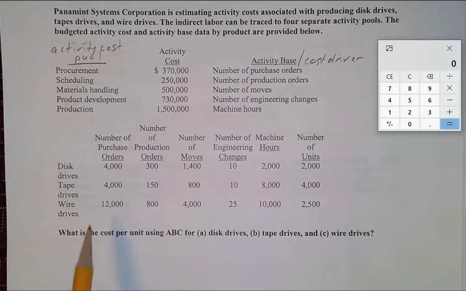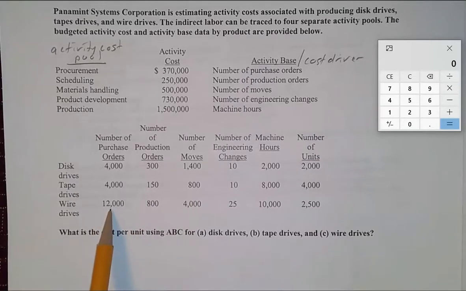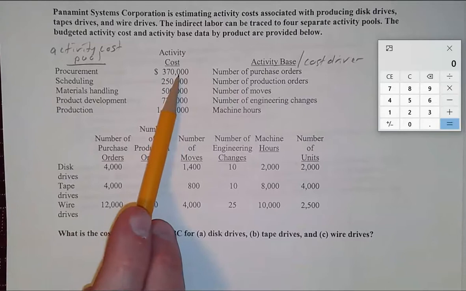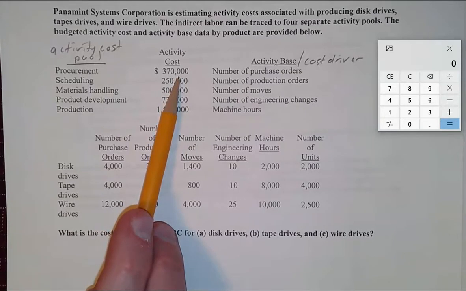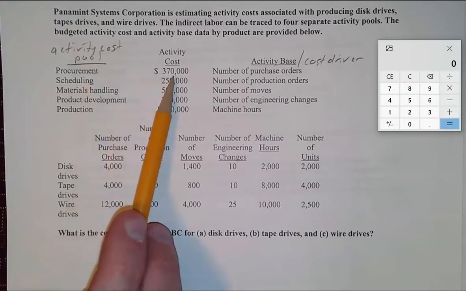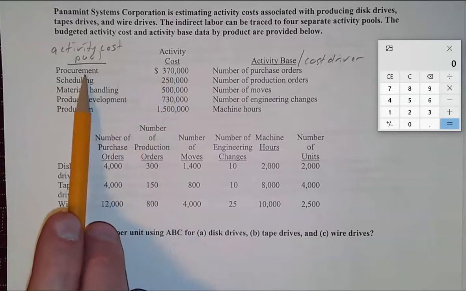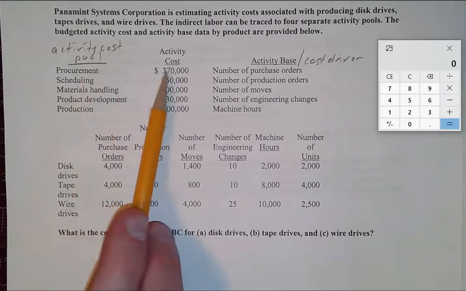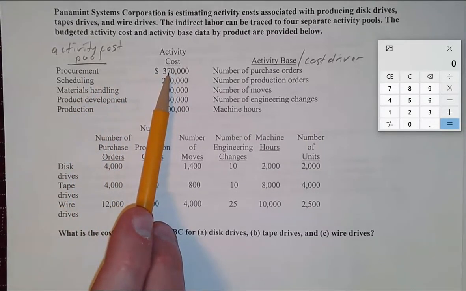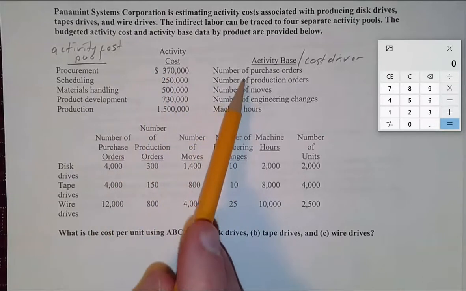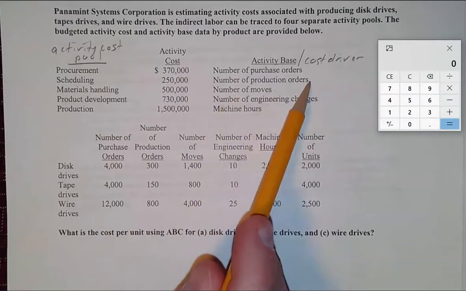We added up, for example, the total number of purchase orders. We came up with 20,000, and we divided that into $370,000, because for the procurement activity cost pool, we have an estimated cost of $370,000, and our cost driver is number of purchase orders.